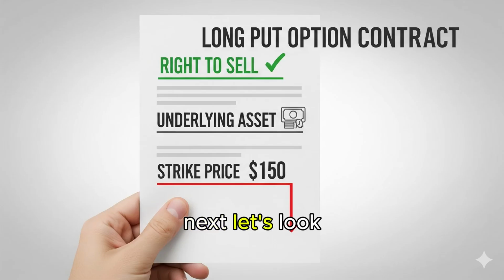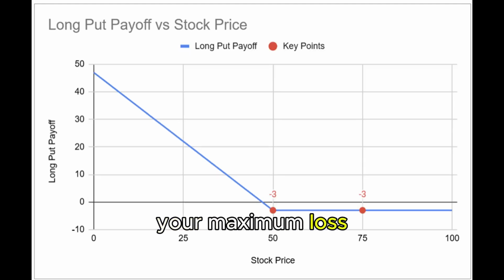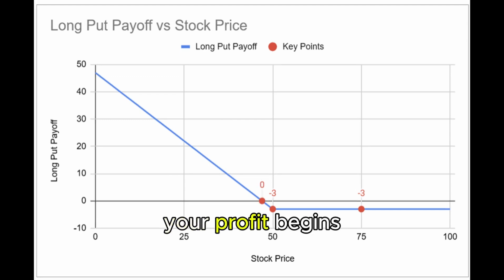Next, let's look at a long put option. A long put gives you the right to sell a stock at a specific strike price. Say you buy a put with a $50 strike price and a premium of $3. Your maximum loss is still the $3 premium. So your loss line is flat at -3 on the diagram. Your profit begins when the stock price falls below your break-even point, which is the strike price minus the premium.